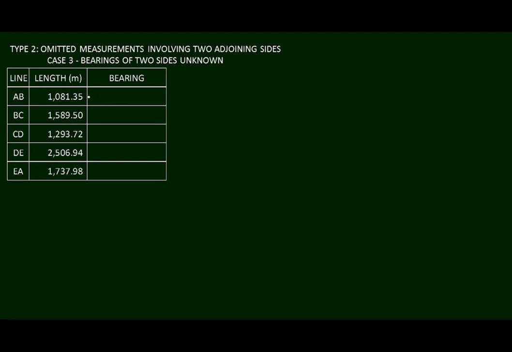So, kay line AB, south 73 degrees, 47 minutes east. BC, south 15 degrees, 14 minutes west. CD, south 67 degrees, 7 minutes west. Unknown, okay, so walang bearing si DE at saka si EA. Yan ang given na data sa atin.